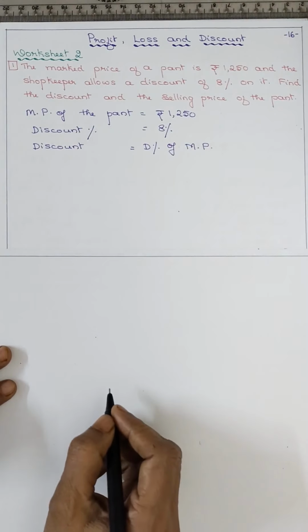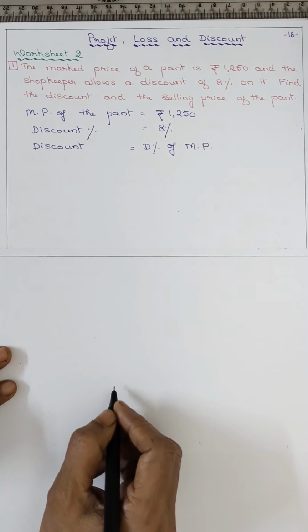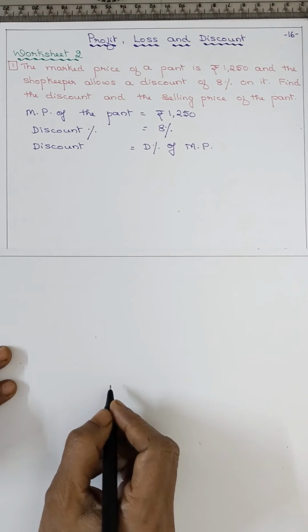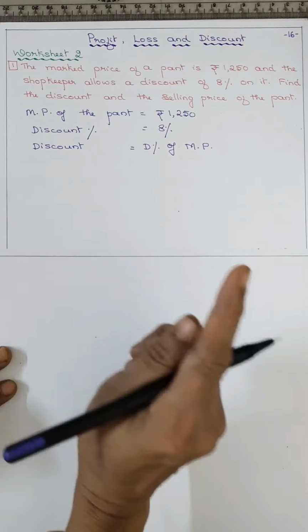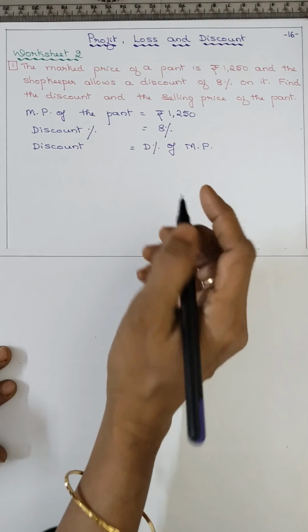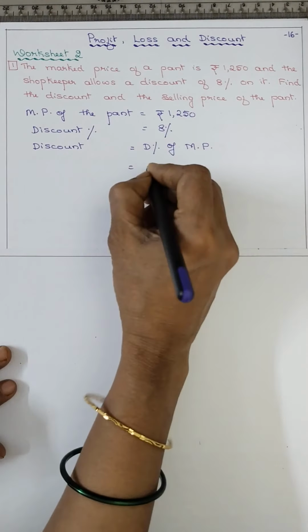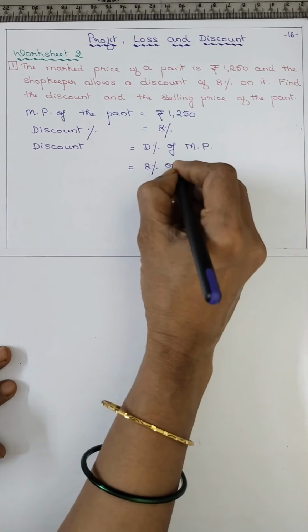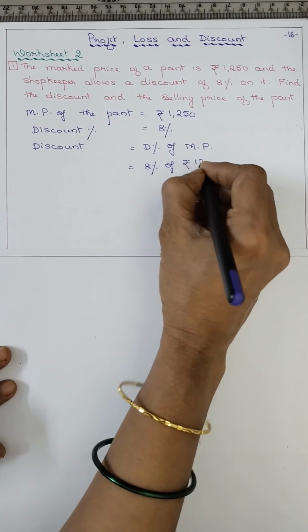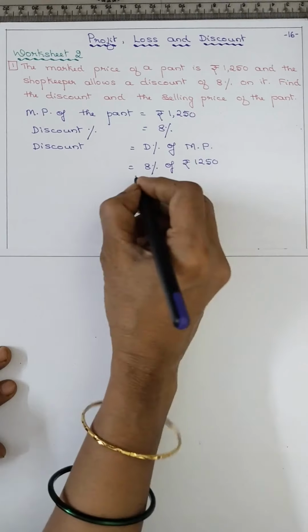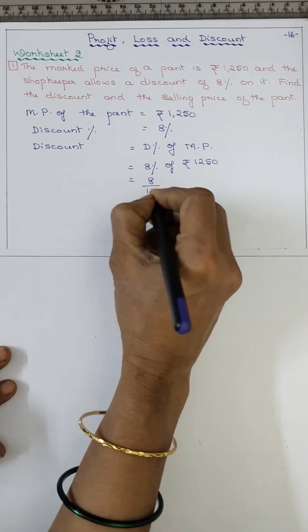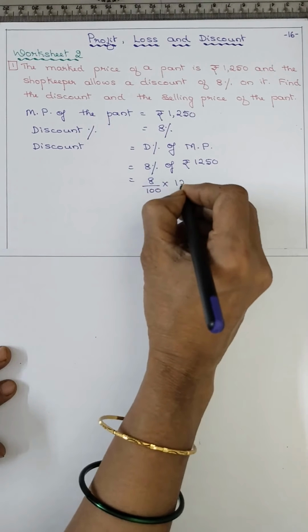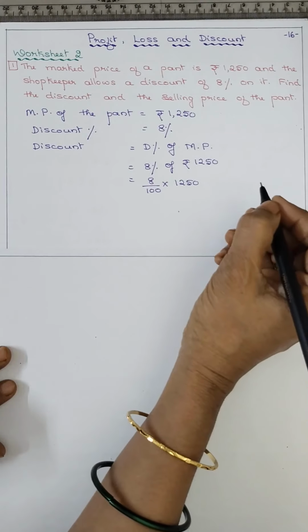So how to find out the discount? Discount percent of MP. Profit percent of CP, loss percent of CP. So like that only, discount is equal to discount percent of MP. Discount percent is 8% of rupees 1250, that is 8 by 100 into 1250.